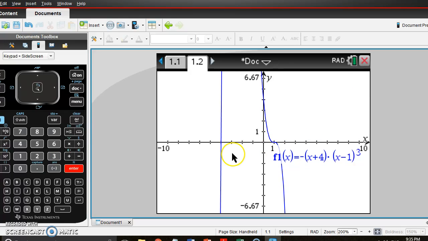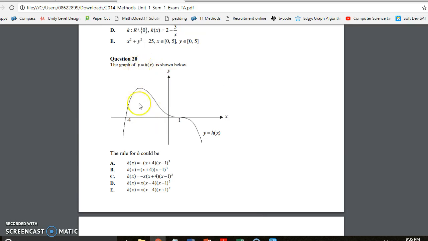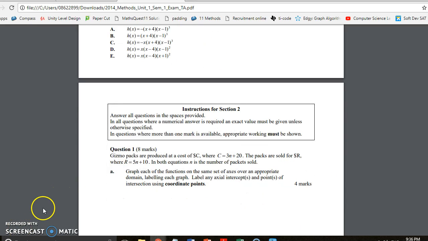Yeah, here we go, that's going through there, that's going through there. We're not told what the y value is here, so yeah, that one works. Is there anything else? No, that's it. Okay, let's pause that and have a look at technology active long answers in a minute.